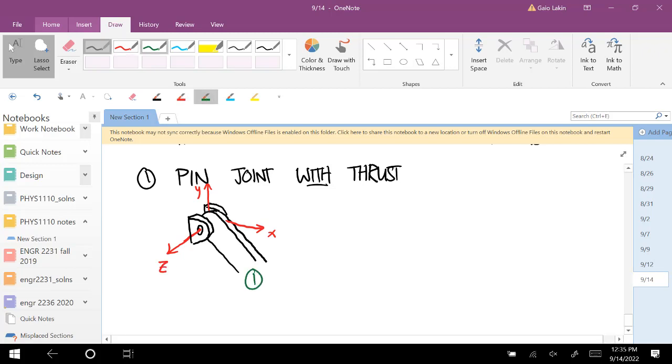And this is what I'm going to call body 1. Then the free body diagram looks like this. You have a force component along x, a force component along y, and a force component along z.